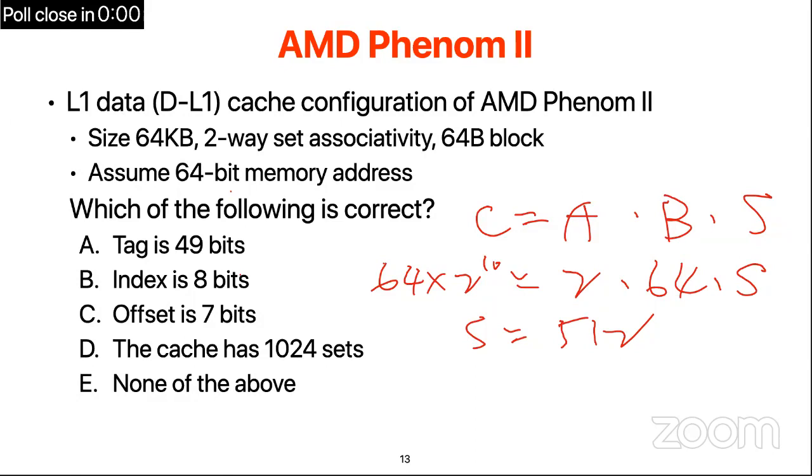No, that's index. Oh, that's index. Offset is determining where in a block is the requesting word. That's exactly the question you asked, right? Yeah, I think so now.